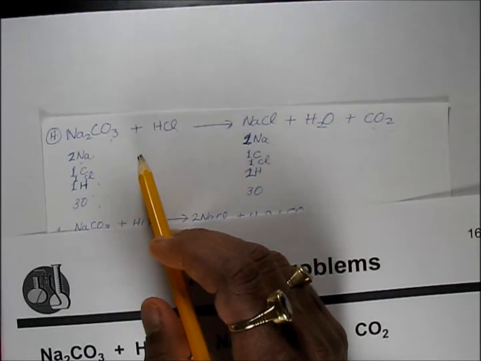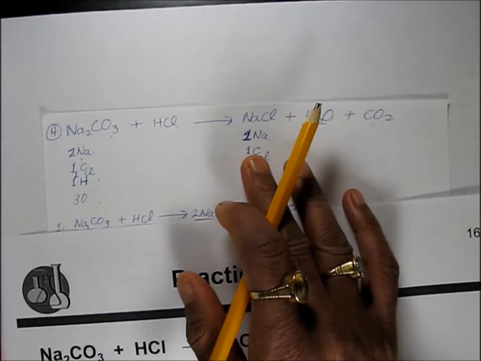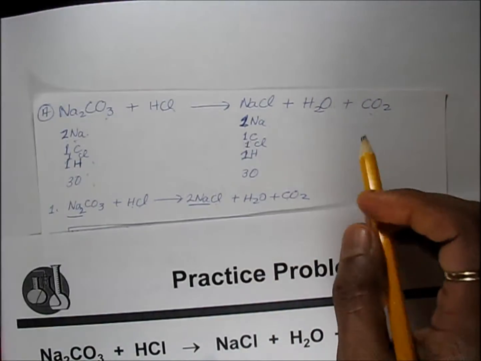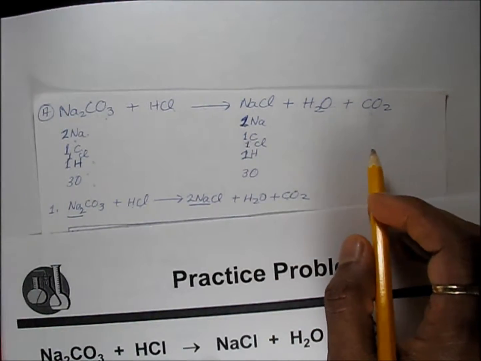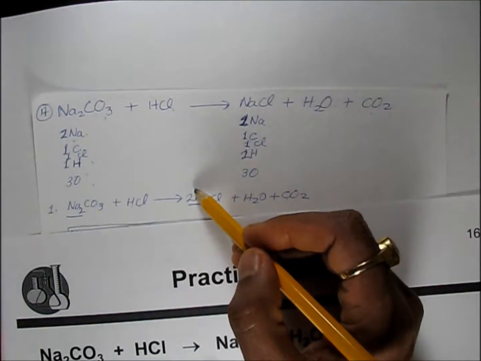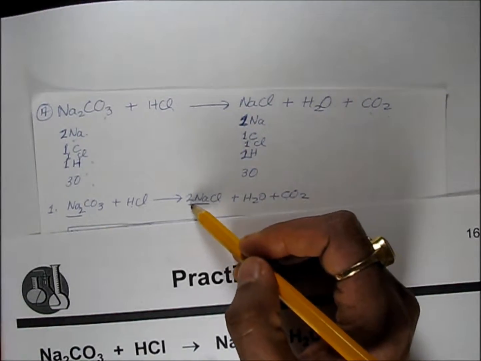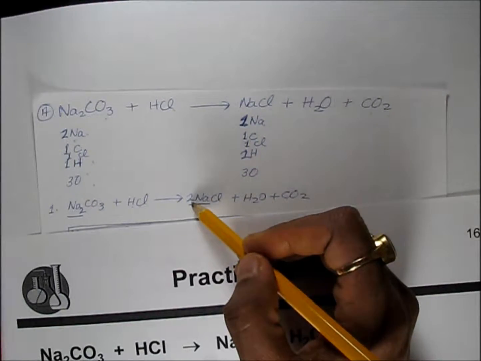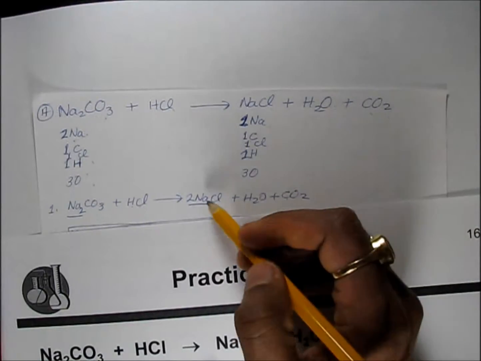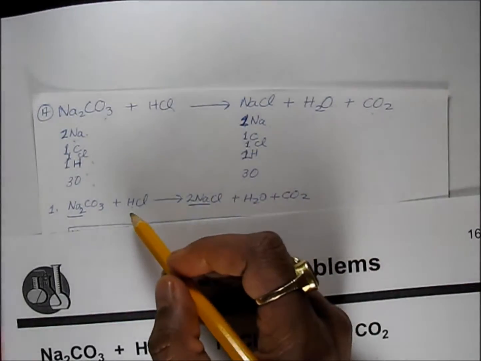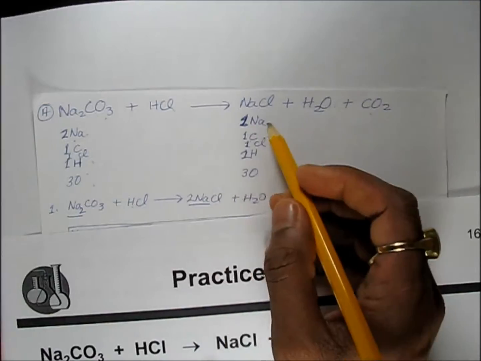So probably we have to balance chlorine first. So we added a coefficient in front of NaCl, which is 2. So now chlorine will be balanced, 2 chlorine on this side, and 2 sodium on this side.